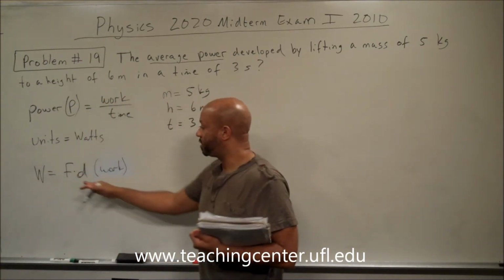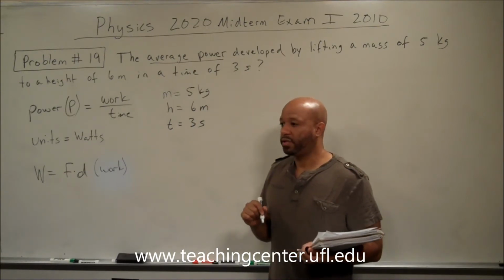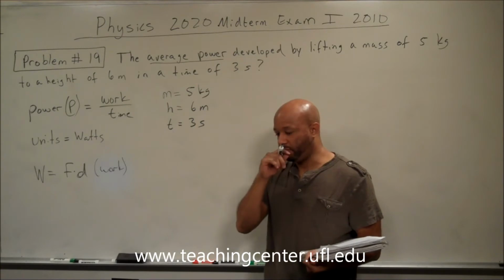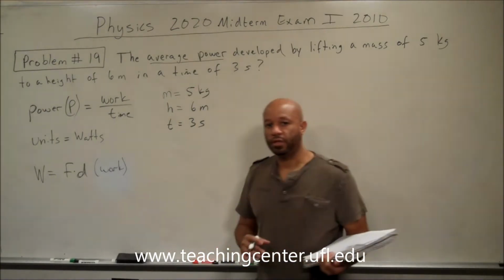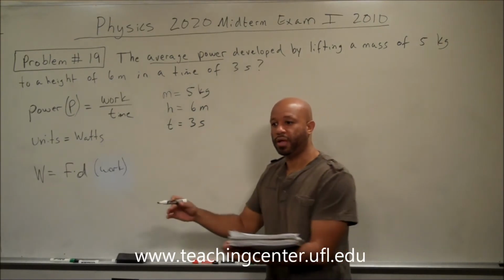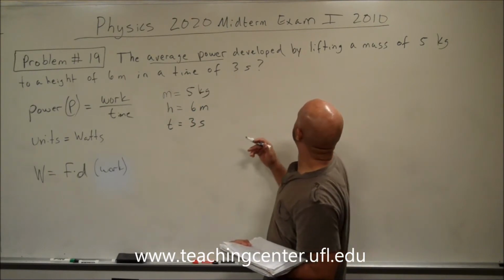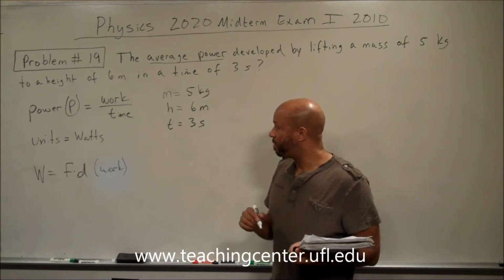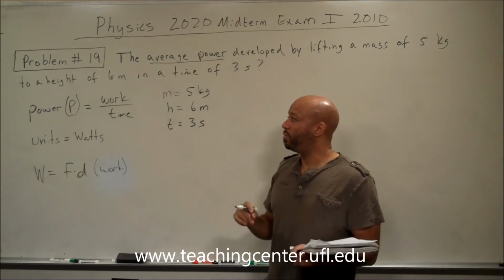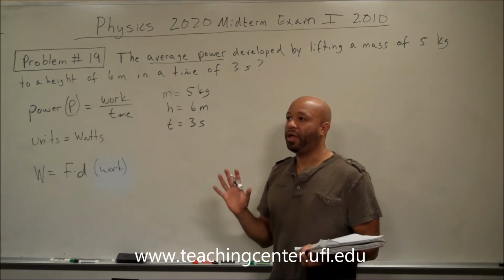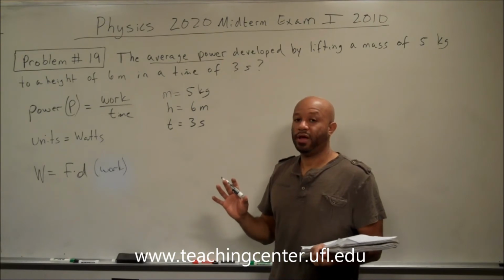And work is equal to a force times a displacement. So it's basically the force that you apply on a particular object, and the amount of distance that this force is applied along. Okay, so in this particular case, it's a mass of 5 kilograms, and we're lifting that mass 6 meters in the air, and so you have to apply a force in order to do that, because otherwise the mass will just sit on the ground.